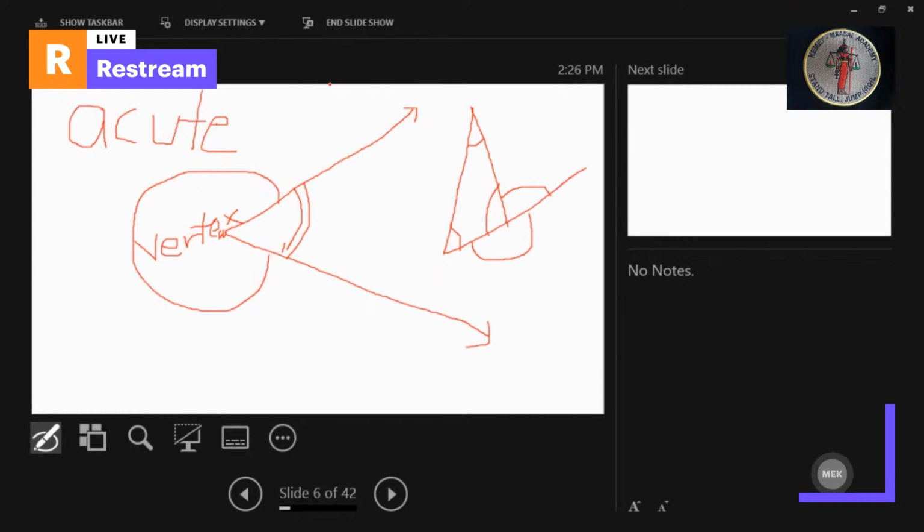Now the acute angle is less than 90 degrees. We measure angles using a protractor. That's a mathematical instrument, shaped a little something like that, a semicircle. Usually it's transparent, so you can see through it and see the lines under it.